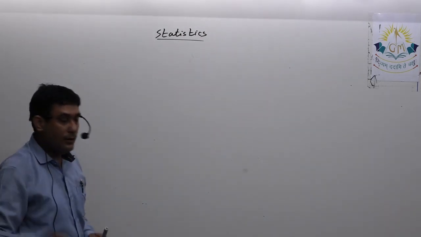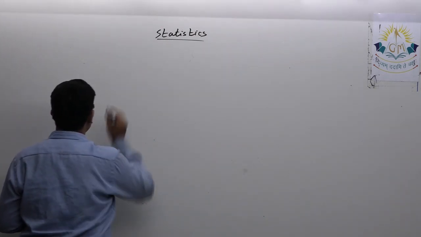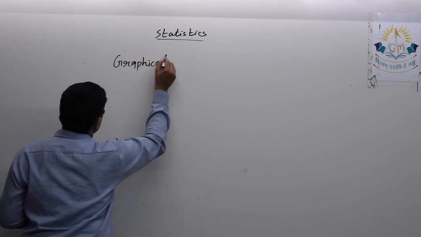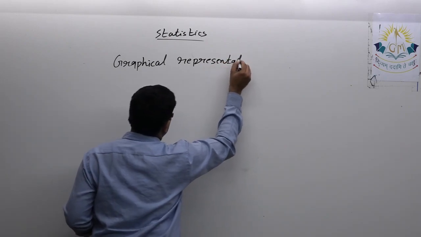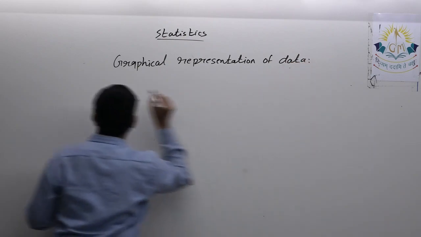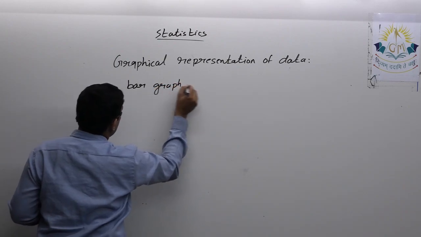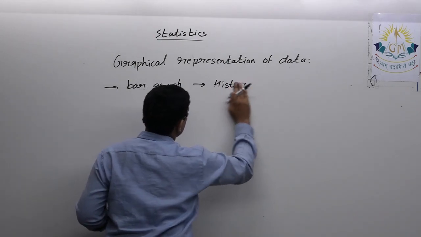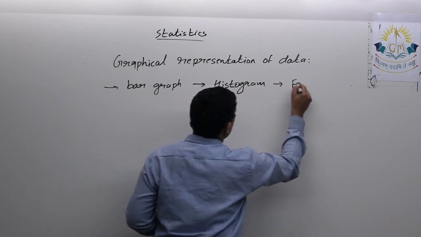First is the bar graph, then second one is histogram, and the third one is frequency polygon.